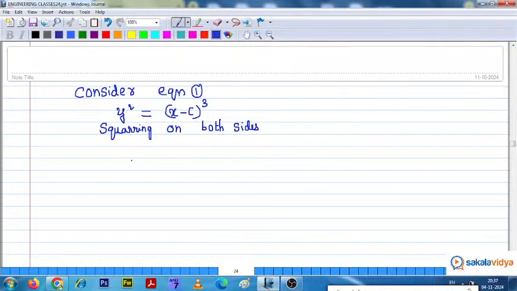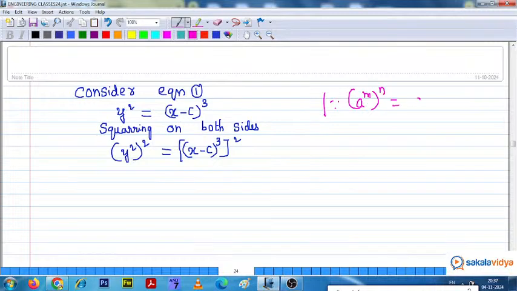Let us see. Here you will be getting y square raised to 2, and x minus c whole cube, again raised to 2. I will tell you one interesting logic also. A to the power of m whole to the power of n can be written as a to the power of n whole to the power of m.